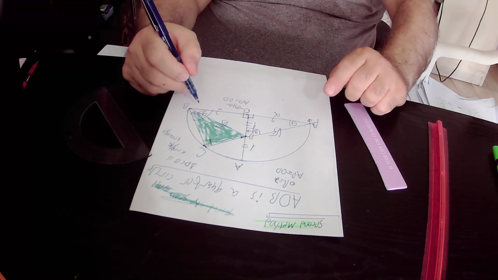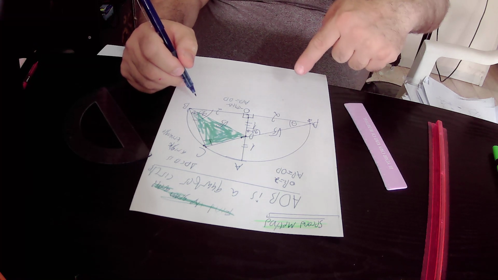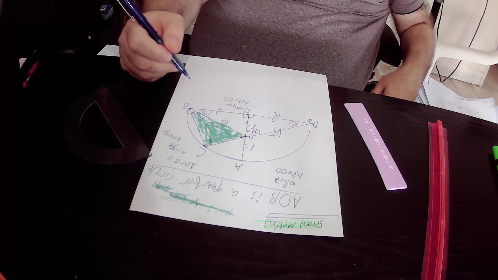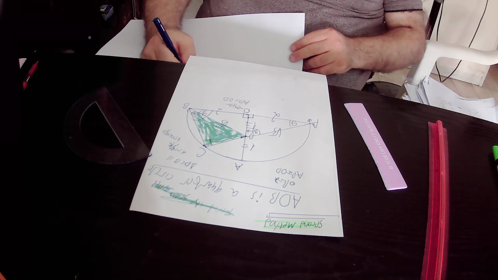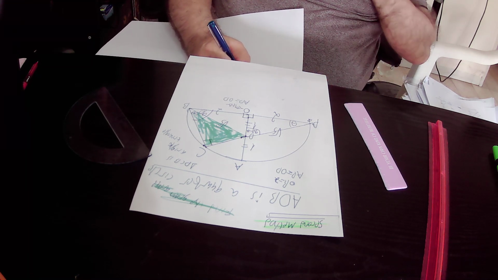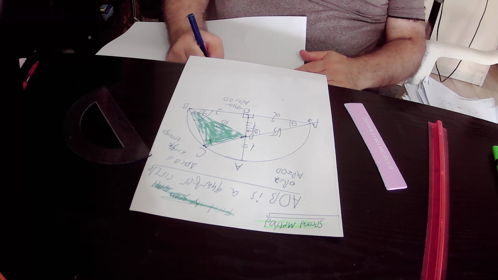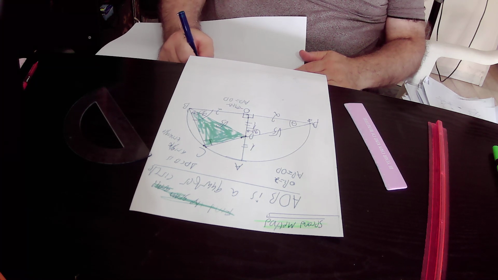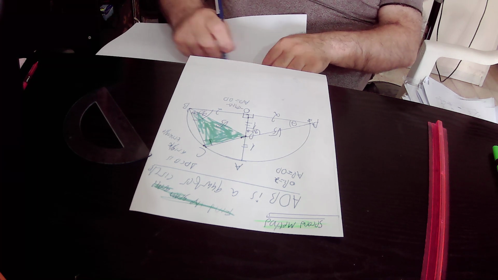In the next step, we'll prove that the right triangle POD is similar to the right triangle PBC. So, I'll write it down. We'll prove that the right triangle PDO is similar to the right triangle PCB. So why are those two right triangles similar to each other?